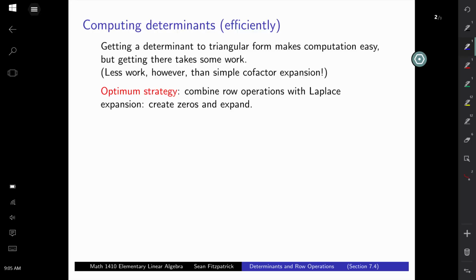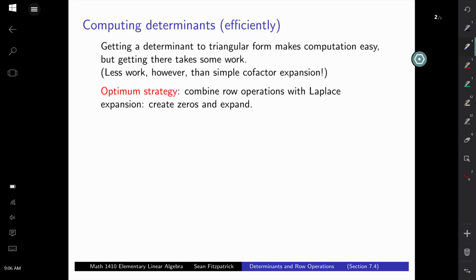The trouble is that it's sometimes a little bit fiddly to get all the way down to triangular form. At some point you might find that in order to create a zero, you have to multiply a row by a constant, and you don't want to mess around with those types of row operations. So one of the things you can do is use row operations to create a zero in one column, expand on that column, and then repeat.